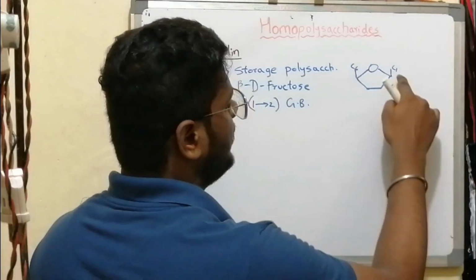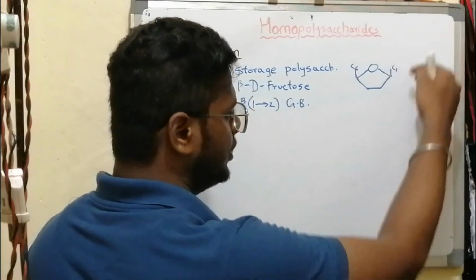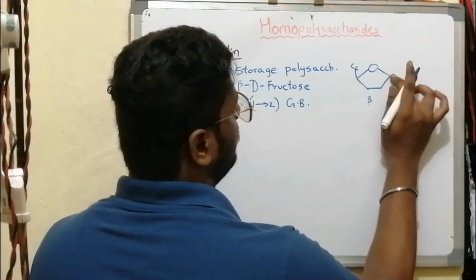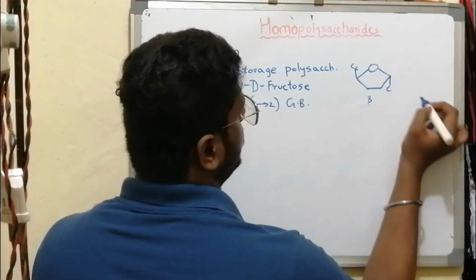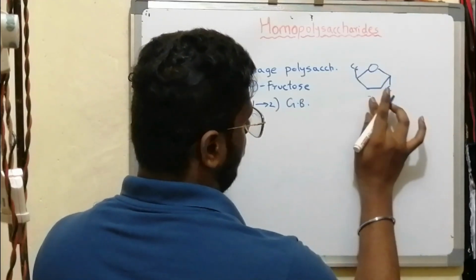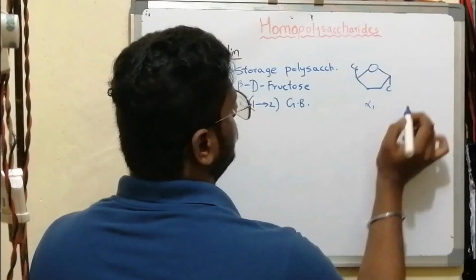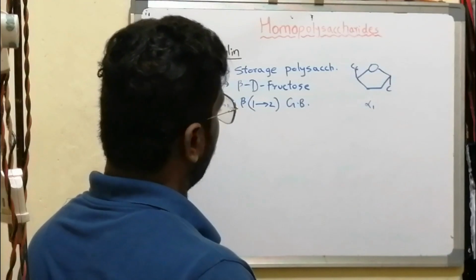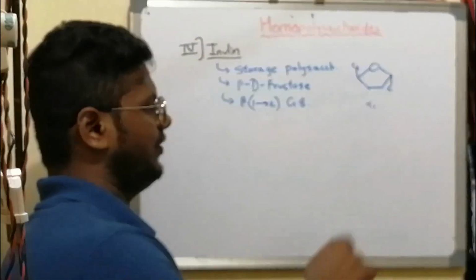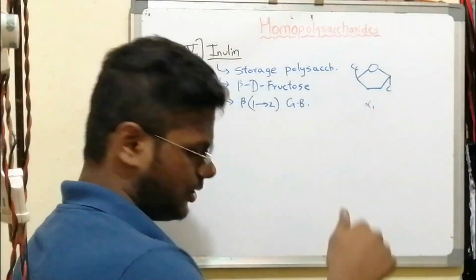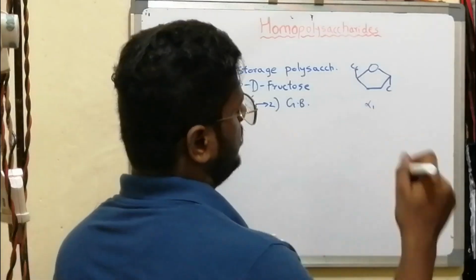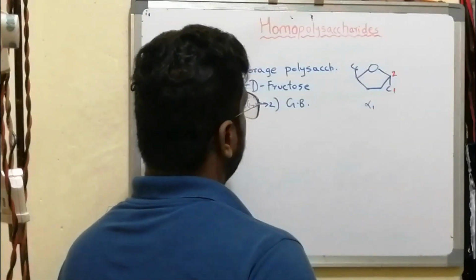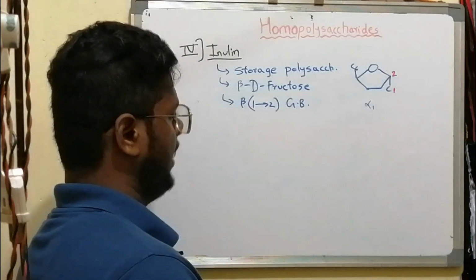So if the tailing of the C1 is present upwards, then it is beta, and if present downwards, then it is alpha. So it depends where the C1 is present, and here we want beta D-fructose, so we are tailing the carbon downwards. And this is C1, this is C2, and the bond is between C1 and C2.